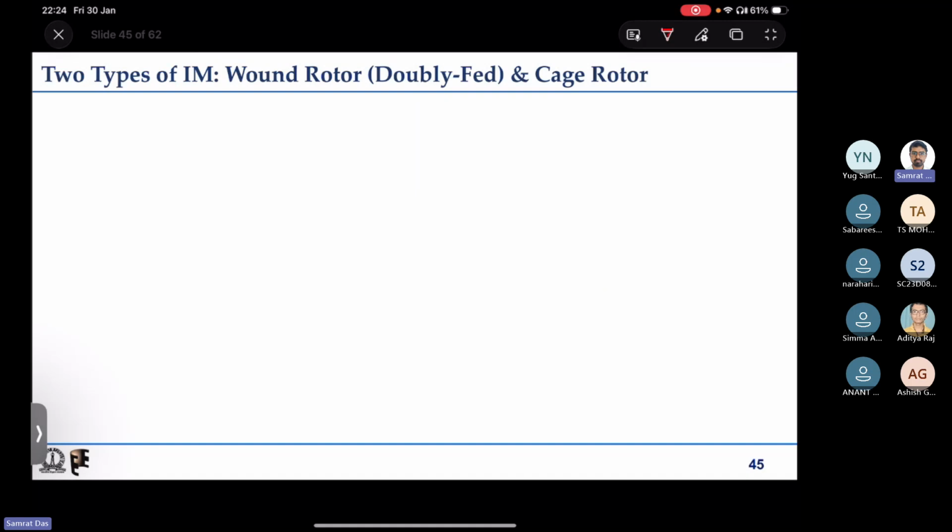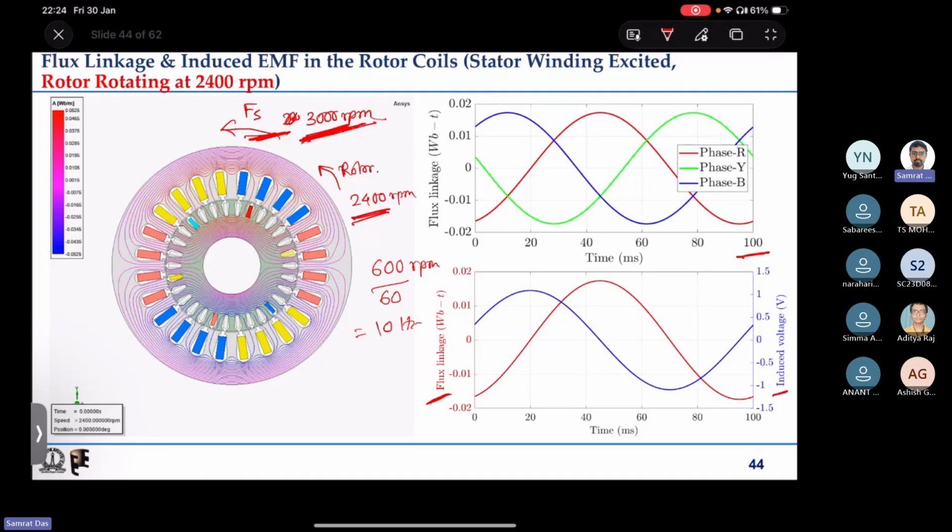So another quick thing, if it is happening on its own, then do we need to actually put some conductor? Now what we are doing, we are putting some well-defined paths in the form of coils. So we are inserting some coil one side here, we are taking that and bringing it here.